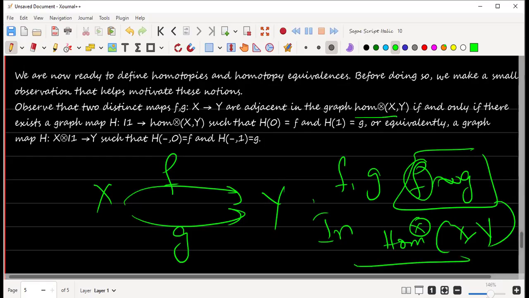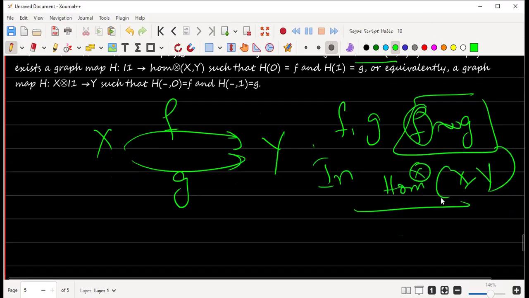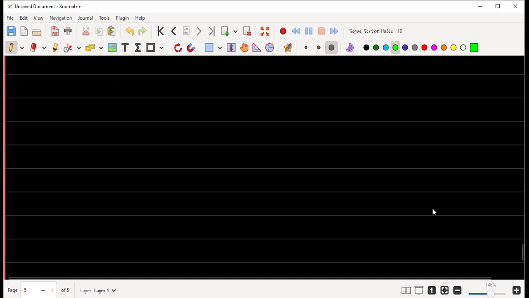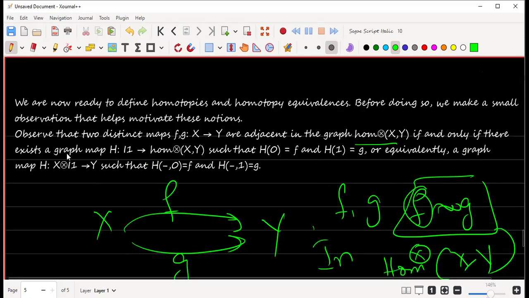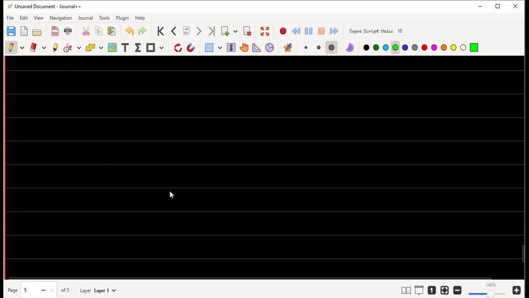ठीक है। इंटरनल hom ग्राफ के अंदर adjacent होंगे if there exists a graph map, ठीक है। Of what type?